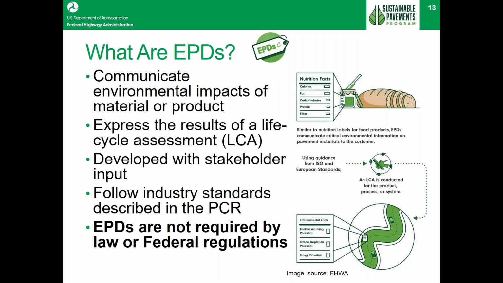In this particular context, that could include asphalt, cement, asphalt mixtures, concrete mixtures, etc. But within the reports, what's fundamentally being provided is a life cycle perspective on particular environmental impact categories.